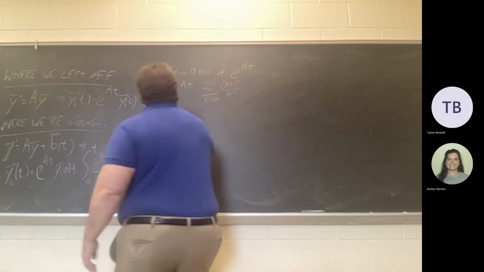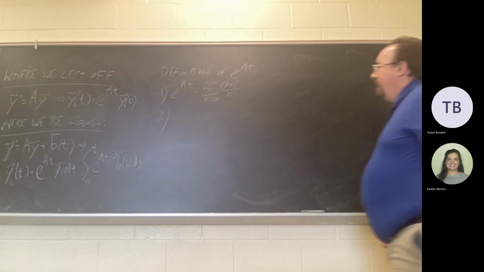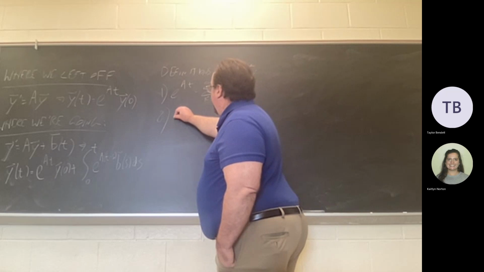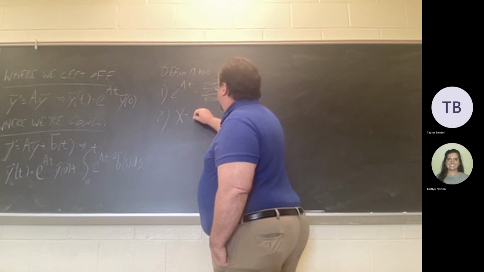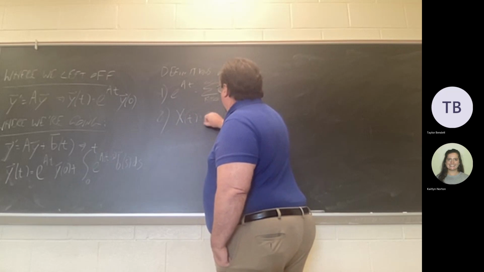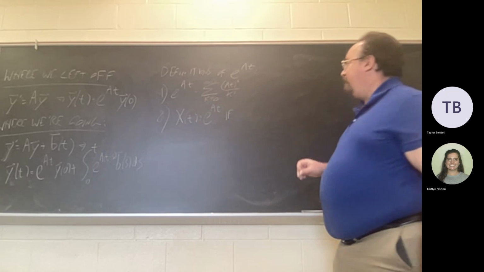The second definition, which is going to be more helpful for what I'm about to do, is this: I'll define a matrix X of t to be the matrix exponential if X has the following properties.